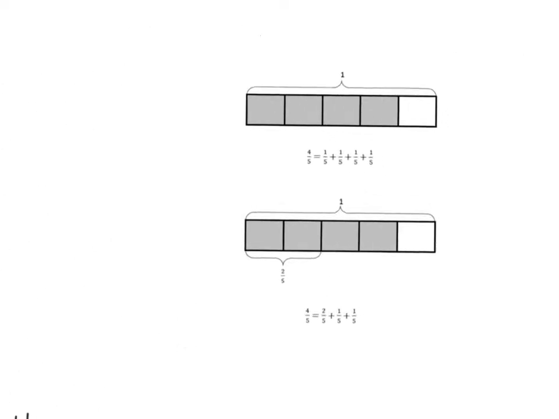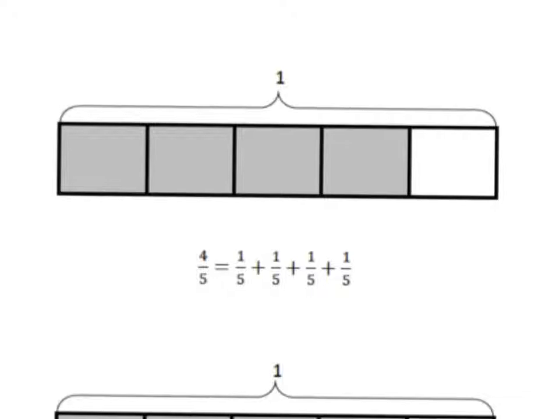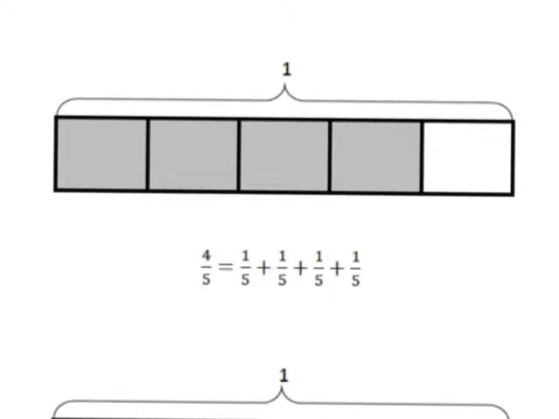All right, another example, a little review from what you've already done on problem set 1 and 2. You are decomposing fractions. In this case, you have a whole fraction bar broken up into 5 equal parts. We call those fifths. 4 of those fifths are shaded. So we are showing the fraction 4/5 here. 4/5 can be decomposed as 1/5 plus 1/5 plus 1/5 plus 1/5.